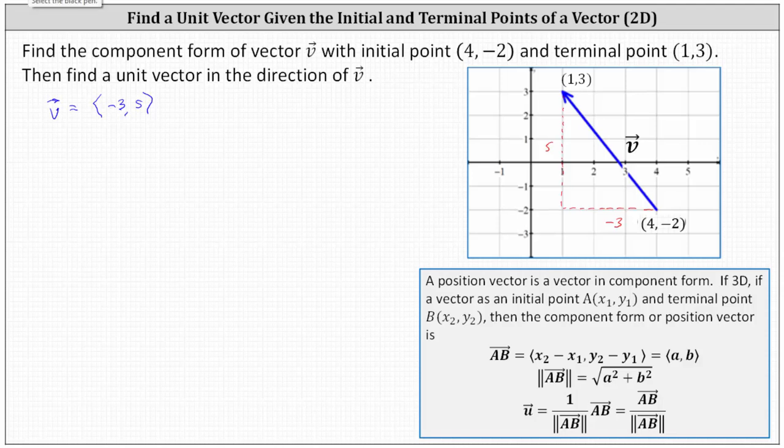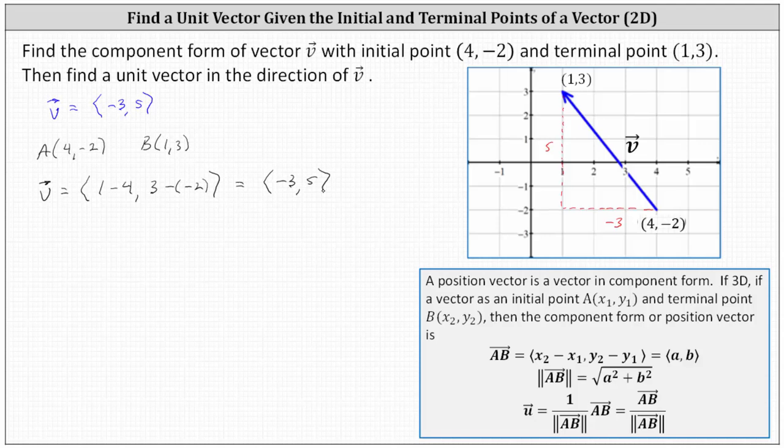Let's let the initial point be point A, and the terminal point be point B. Vector v in component form has an x component of 1 - 4 and a y component of 3 - (-2). Notice simplifying, we have an x component of -3 and a y component of +5.